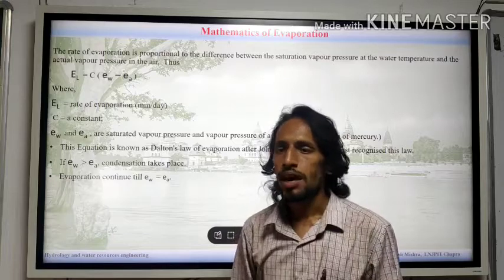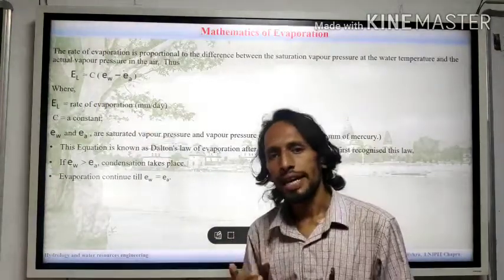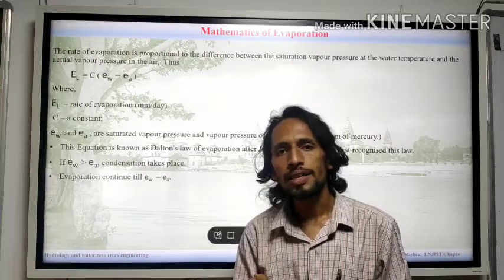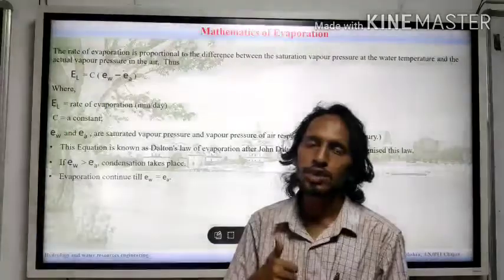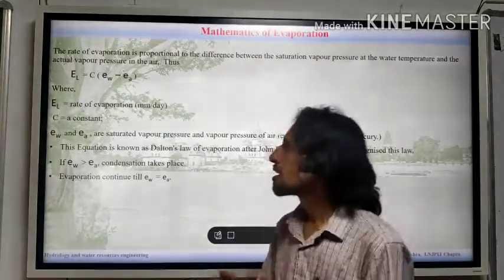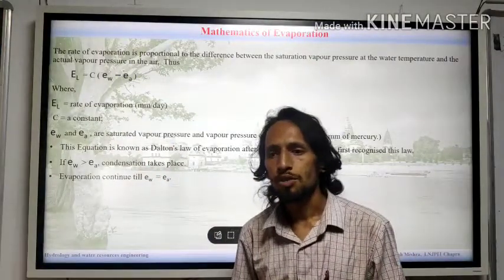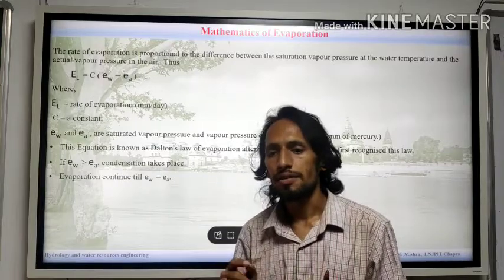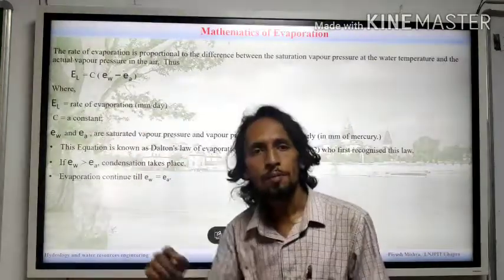The unit is mm per day. How many mm of water is evaporated in 1 day? The unit is similar to rainfall, mm. Then C is a constant. It comes from solving a differential equation, so this is a constant value.